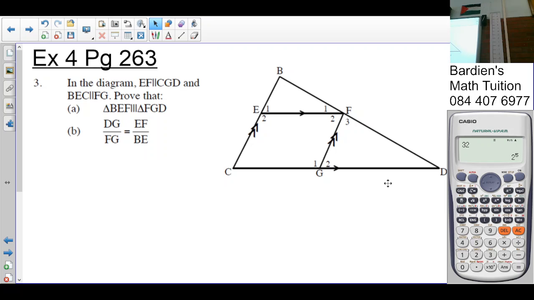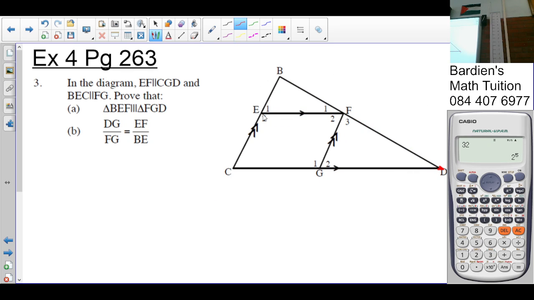We know many things. What do we know? We know that F1 is equal to angle D. Angle E1 is equal to angle C. Why? Both sides corresponding. What else do we know?